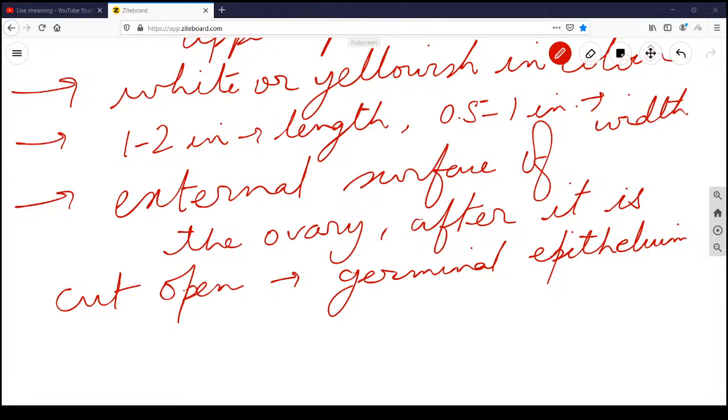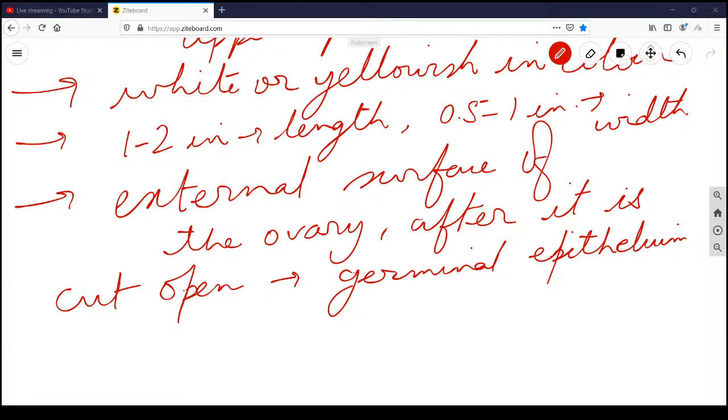So historically it is termed as germinal epithelium, but it is now known that the germ cells originate outside of the ovary during the embryonic development. Earlier it was thought that they originate from the epithelial layer of the ovary only.